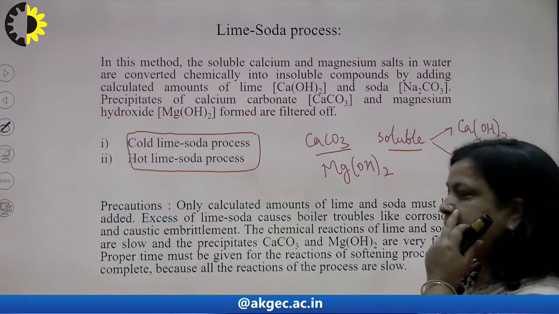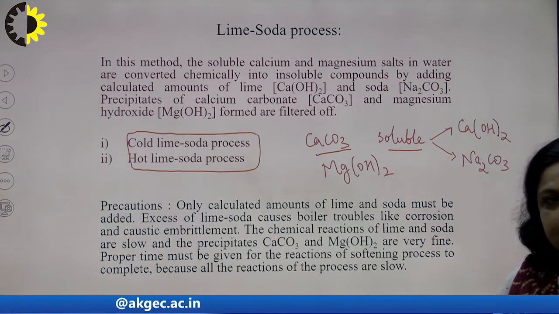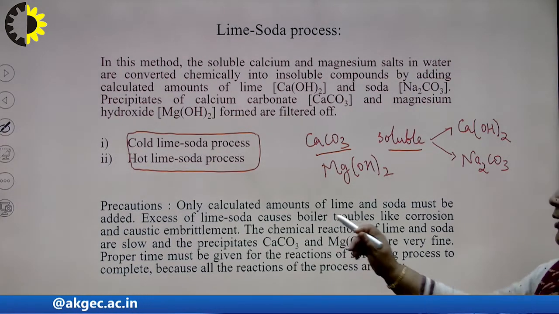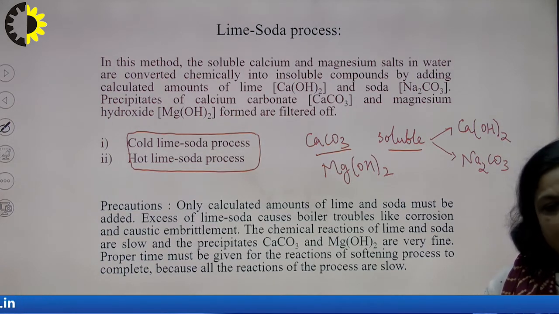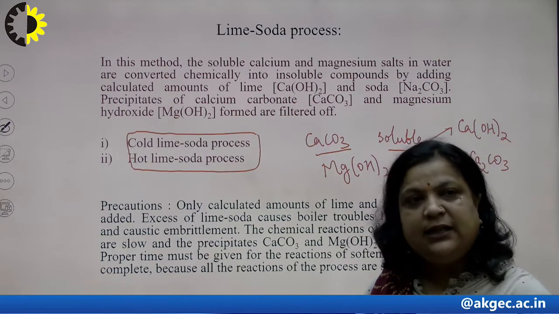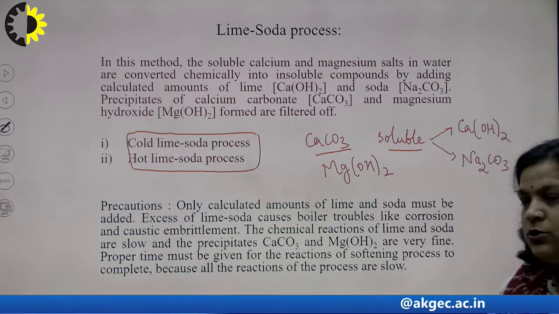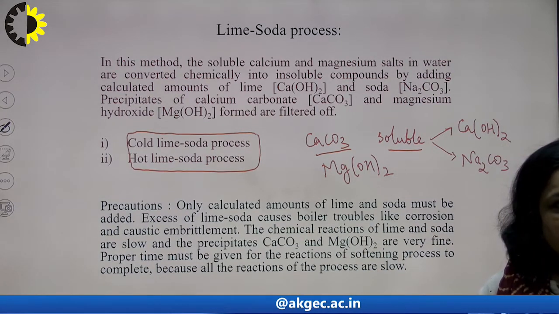And the precaution is that only a calculated amount of lime and soda must be added. Excess lime and soda causes boiler troubles, and mainly in industries water is used for steam generation, that is, used in boilers. So, troubles are like corrosion or caustic embrittlement.